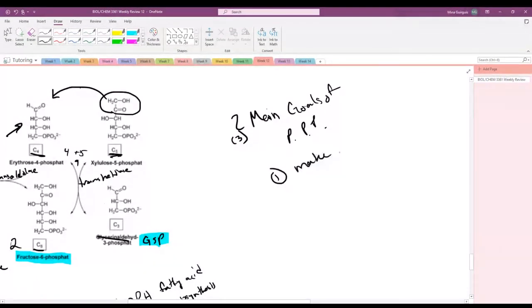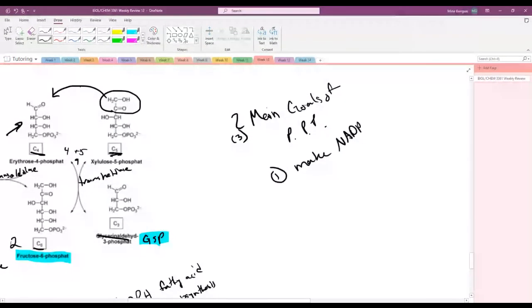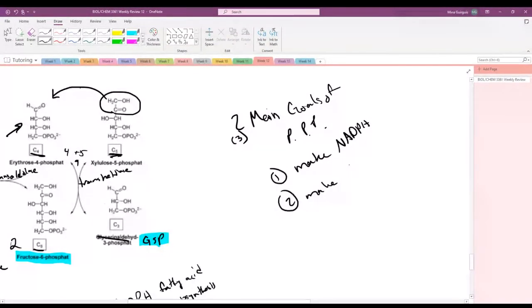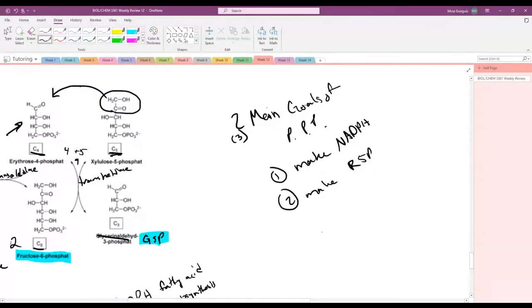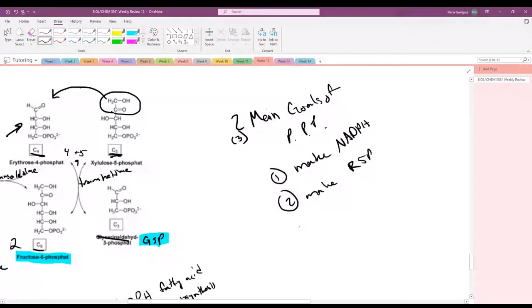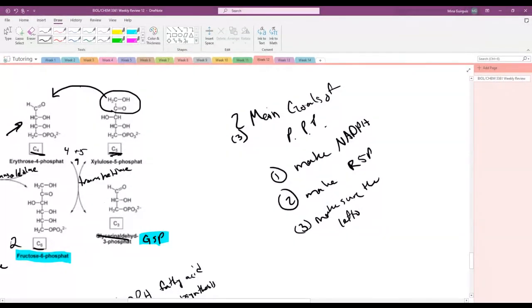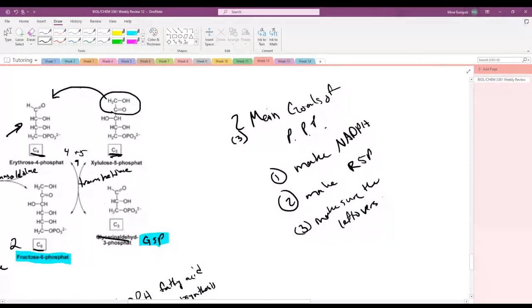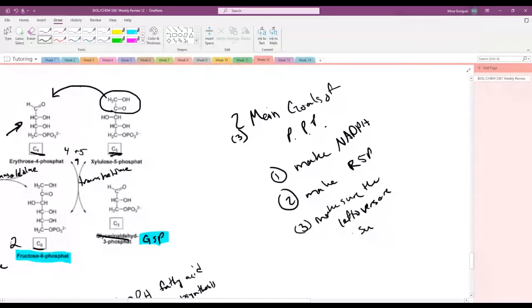First, make NADPH. Second, make ribose 5-phosphate, which I'm going to abbreviate R5P. And then the unofficial third, make sure the leftovers, so the xylulose and the erythrose and the sedoheptulose and all that stuff, make sure the leftovers are usable, okay?